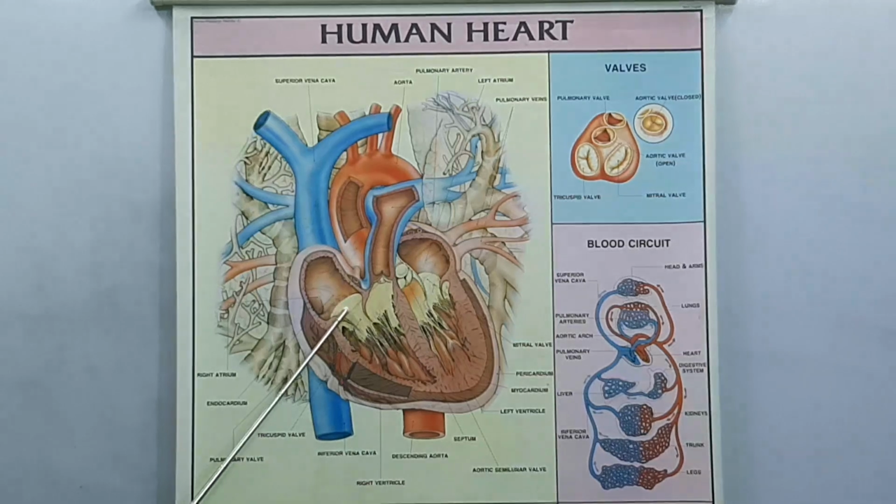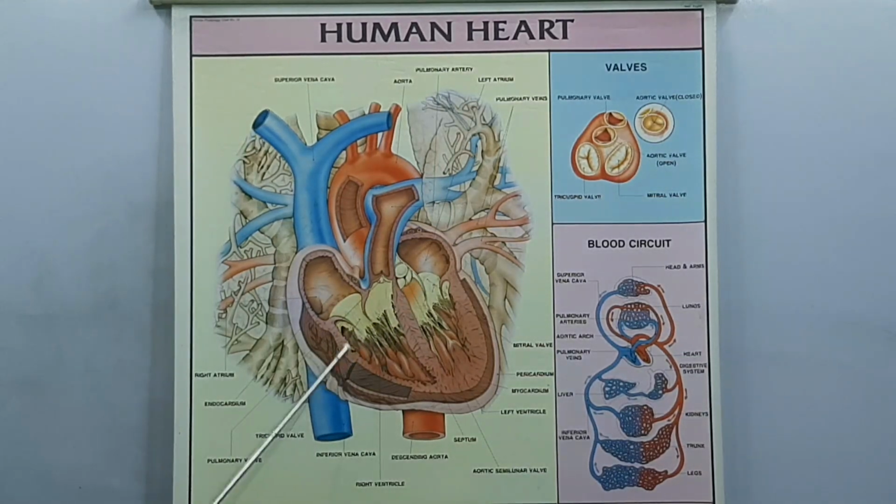After it, the tricuspid and bicuspid valves close to prevent backflow of blood, and then pressure is created by the blood on the walls of the ventricles.